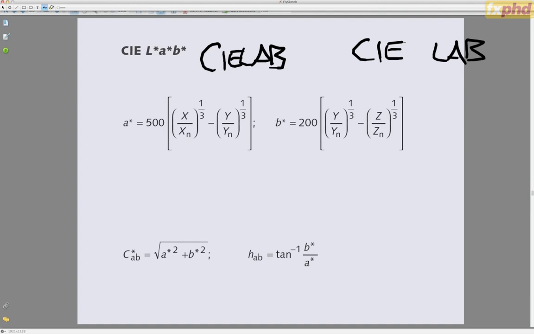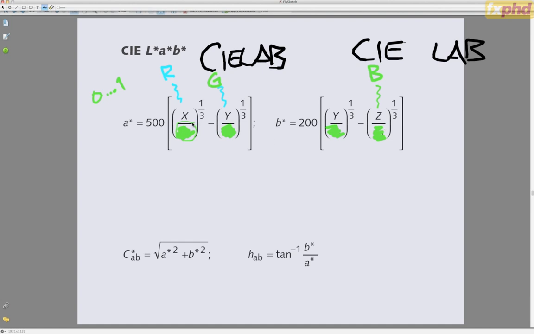Now, you can see from the equations here that basically what's going on is we're taking the big X, which is loosely related to red, and the big Y, which is the luminance, and the big Y, which is loosely related to the green, and the big Z, which is loosely related to the blue. And that little denominator here is just a normalization factor. So if you've normalized correctly between 0 and 1, then you can ignore those denominators completely.